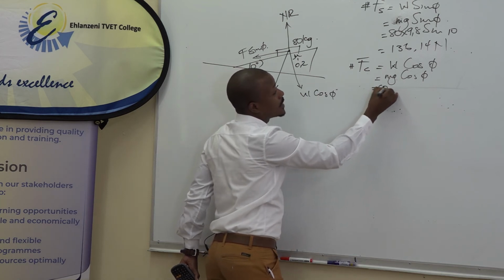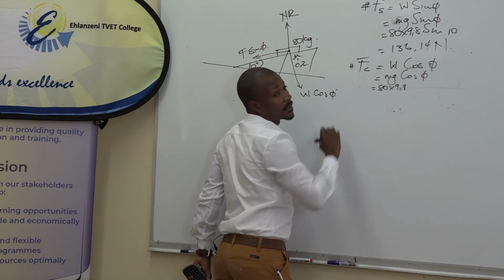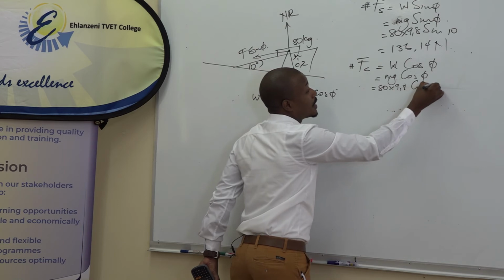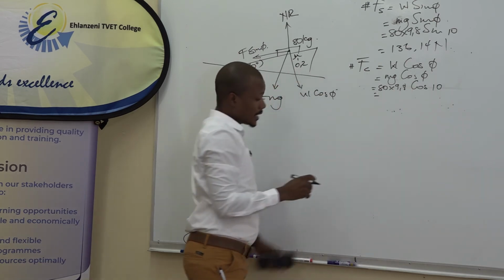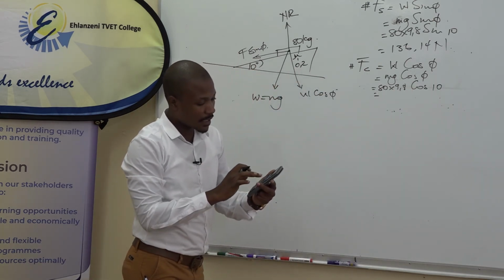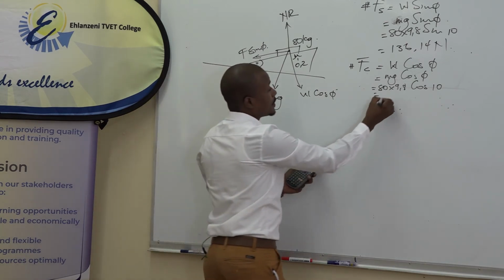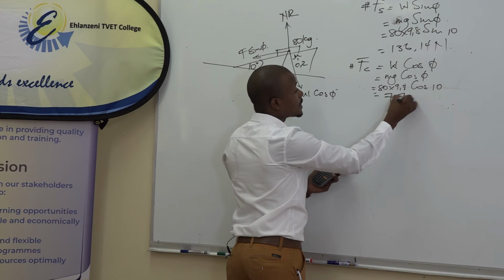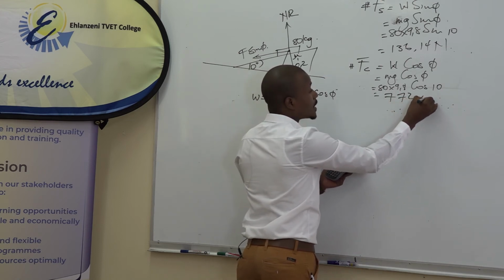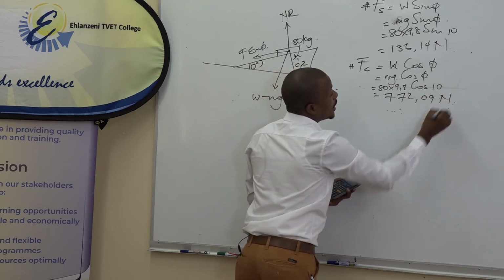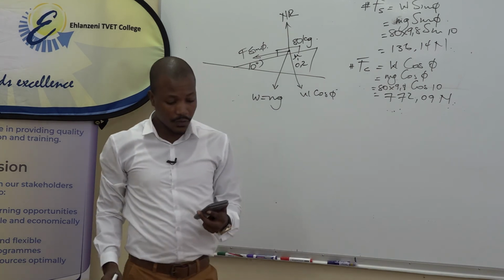Substitute our mass there, our gravity there, and then cos 10 degrees. If we punch that in our calculator, this should give us 772.09 Newton. Now be careful whenever you're using your calculator.